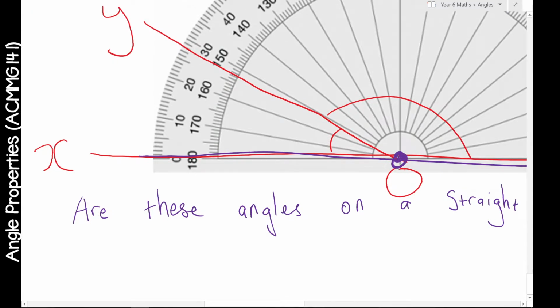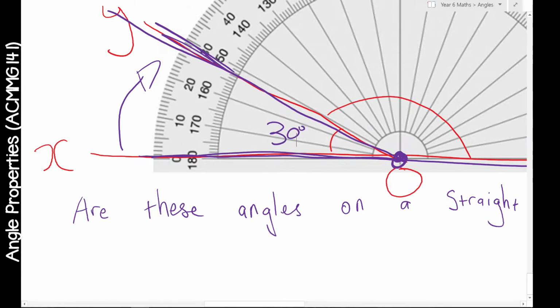So I'm measuring from here up to this one here, going from left to right. So I better read the numbers that go from left to right. So 10, 20, 30. If I drew it accurately, it would have shown it was on the 30 mark. So I'd say this one is 30 degrees.